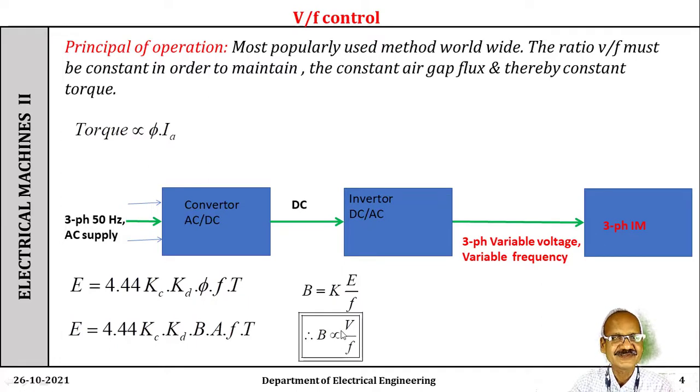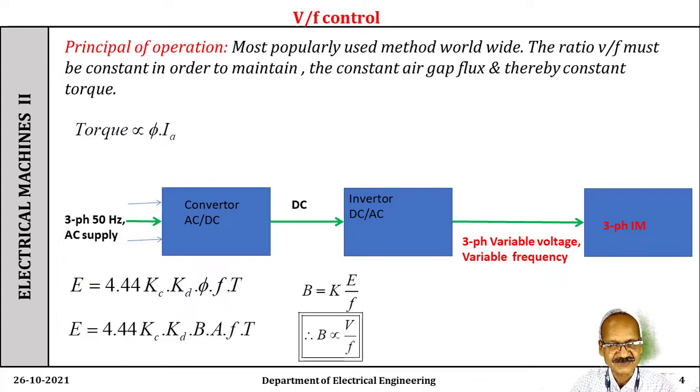The flux density will increase, and that will cause saturation. Or if the frequency is constant and voltage is reduced, flux density becomes too small. And in order to have a constant load torque, the air gap flux should be maintained constant.